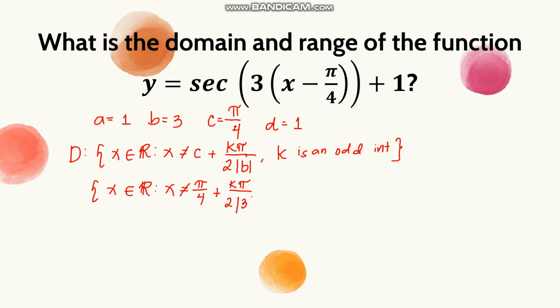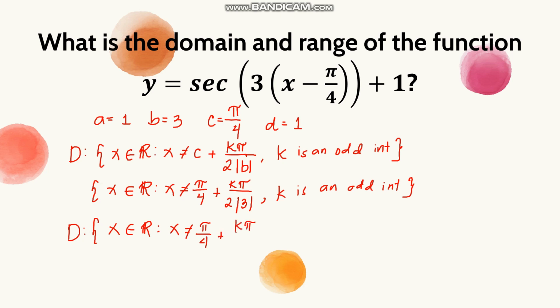So b is 3, and k is an odd integer. Then just simplify this. We will have x is an element of real numbers such that x is not equal to pi over 4 plus k pi over absolute value of 3, which is just 3, times 2, that will be 6. And k is an odd integer.